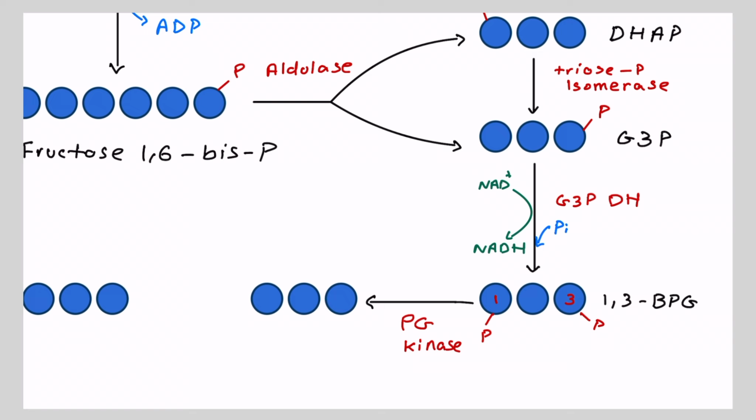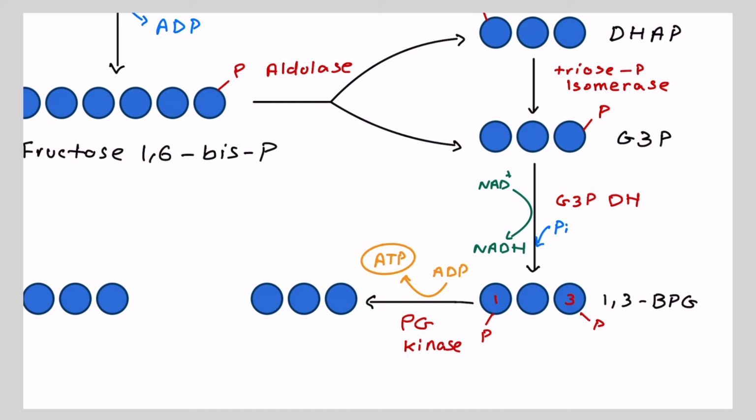And kinase, why? Because it is transferring a phosphate group into something, and here it's ATP. And what's happening here, for the first time in our journey, we are having ADP getting converted to ATP. And since this reaction happens twice, we are going to have two molecules of ATP getting formed in this step.